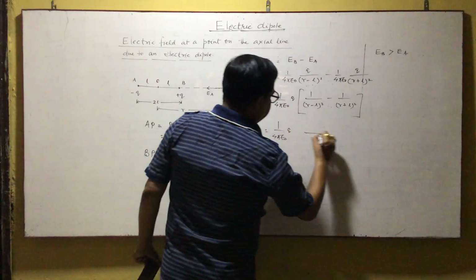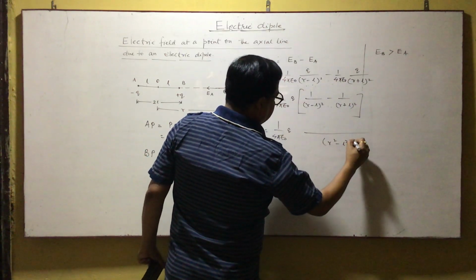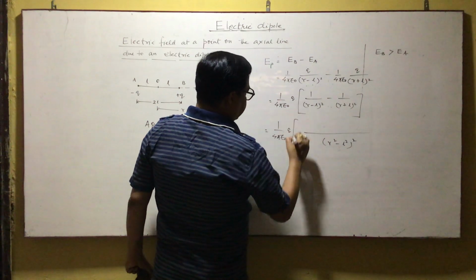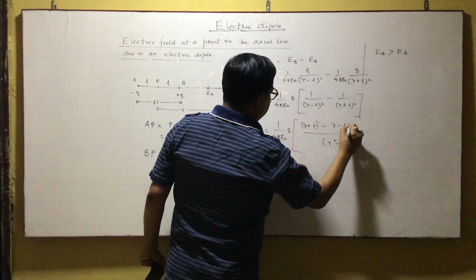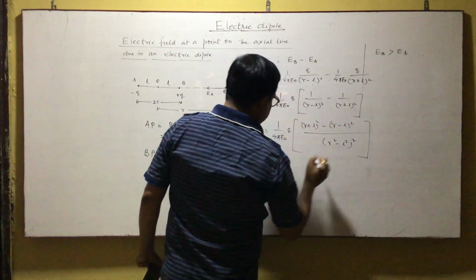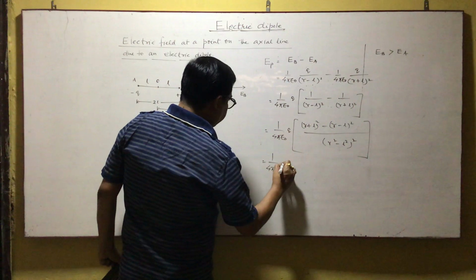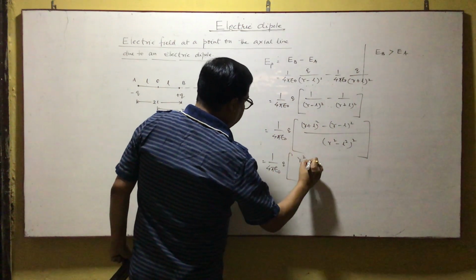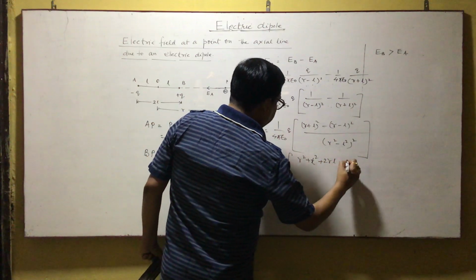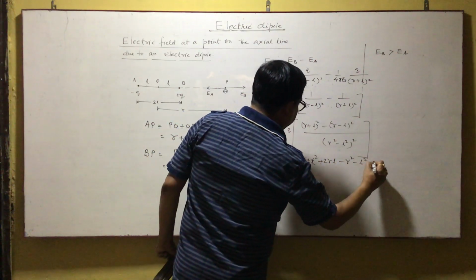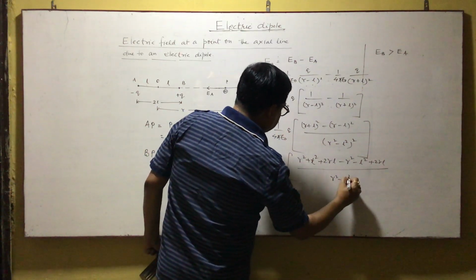This is, take the LCM. LCM is (R square minus L square) whole square, and here it is (R plus L) whole square minus (R minus L) whole square. And again, further simplifying: 1 by 4 pi epsilon naught Q, (R square plus L square plus 2RL minus R square minus L square plus 2RL) divided by (R square minus L square) whole square.